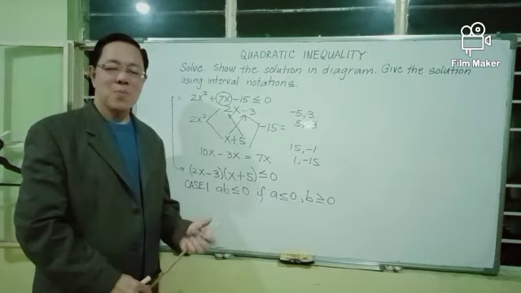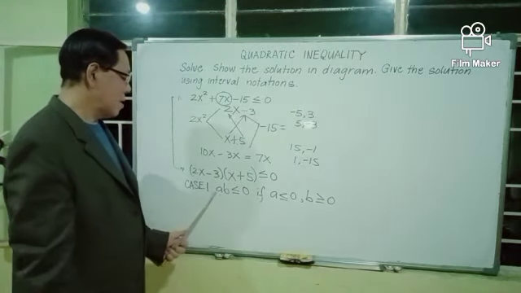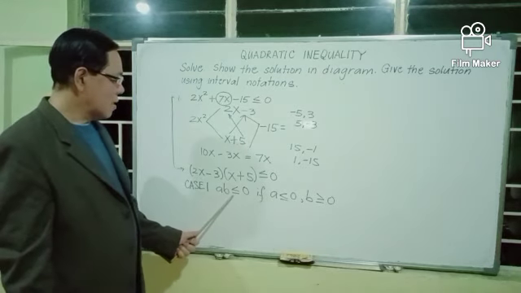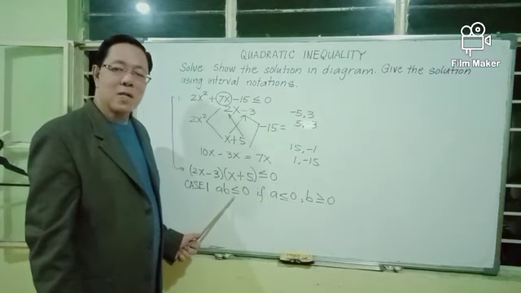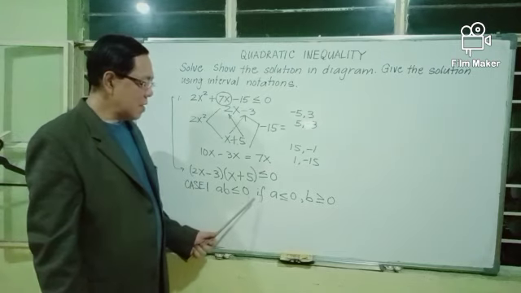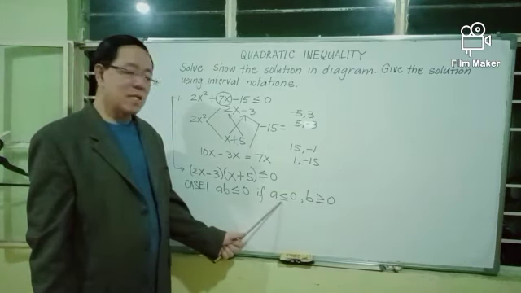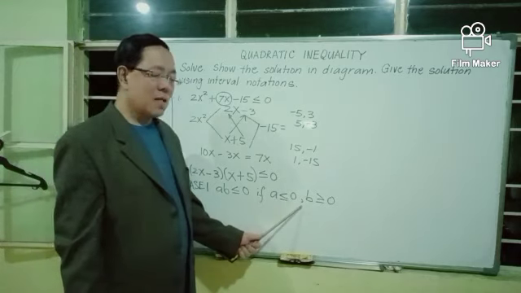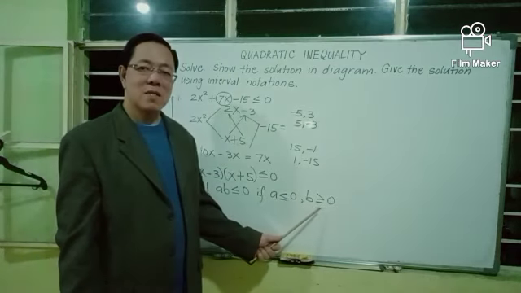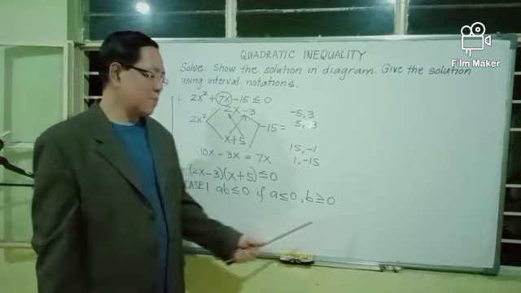The product of two real numbers, say A and B, is less than or equal to 0, negative or 0, if A, the first factor, is negative, less than or equal to 0, and the second factor B is positive, greater than or equal to 0.